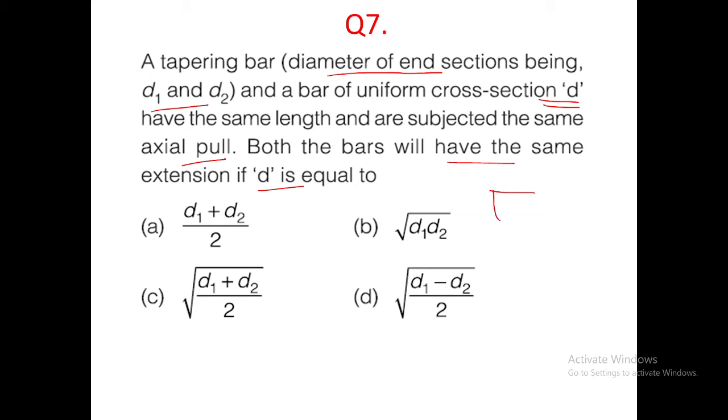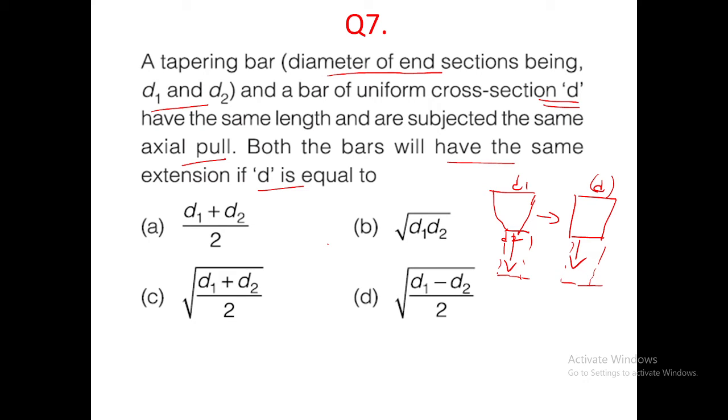This is the tapered bar, D1, D2. It is converted into a similar diameter. The axial pull load is the same, so the deformation is also the same.